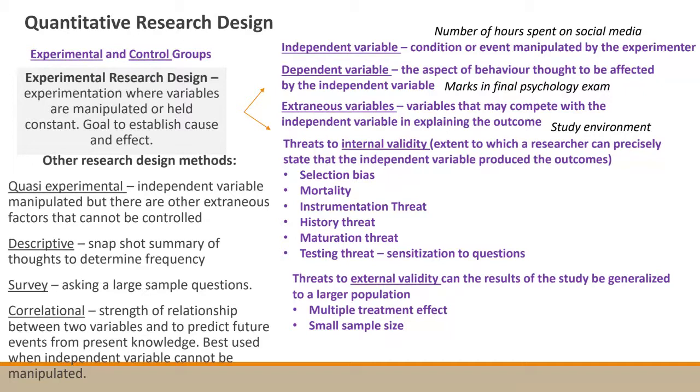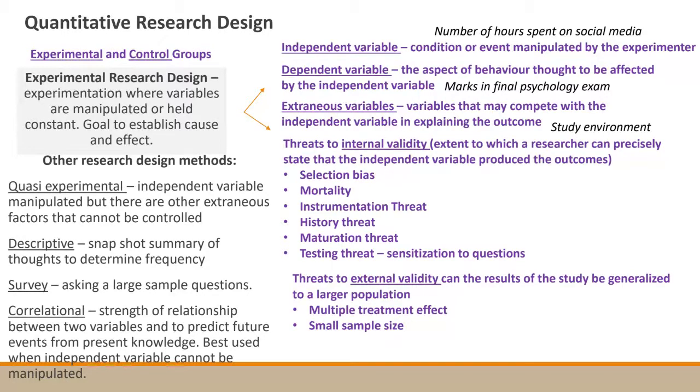Other design methods that you could use include quasi-experimental. That's where you go in knowing that there are other factors that can't be controlled. Therefore, it can't be a pure scientific experiment. You can control them to a point, but you can never actually rule them out completely. There can be descriptive research, such as a survey asking large samples questions.